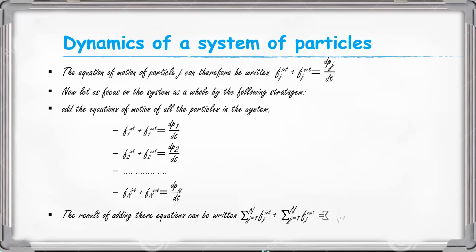So if we add these equations of motion, we sum over j equal to 1 to n. So sum j equal to 1 to n Fj internal plus sum over j equal to 1 to n Fj external, that is equal to summation j equal to 1 to n dpj by dt.